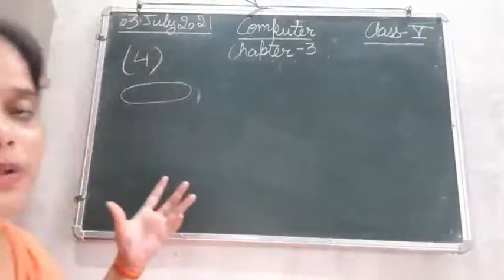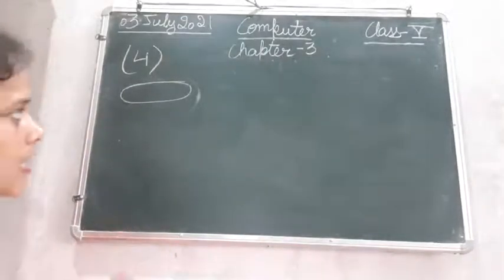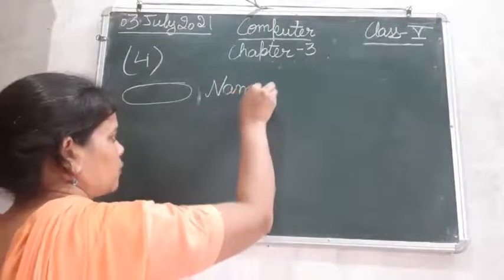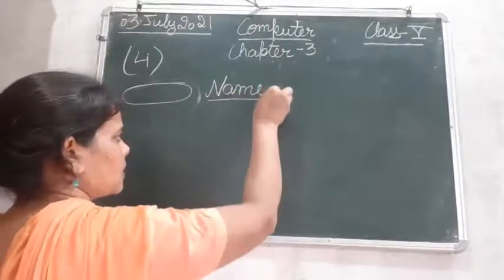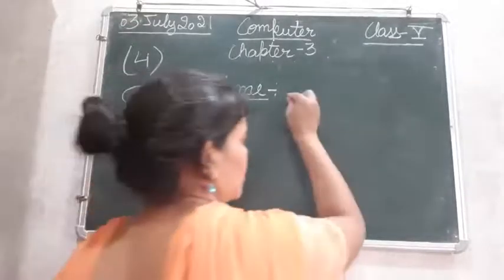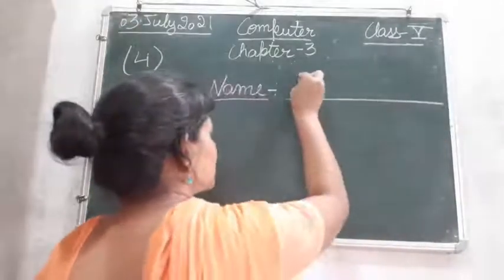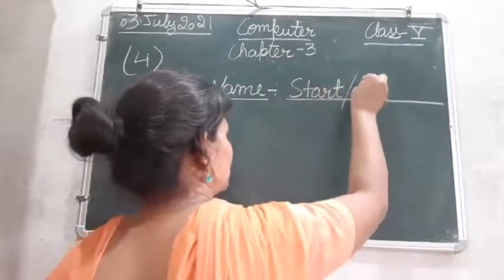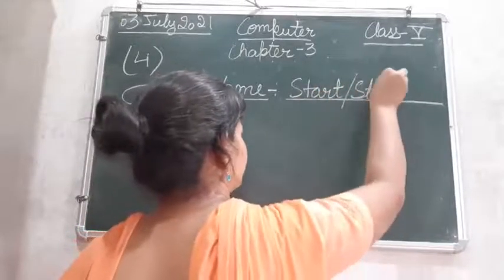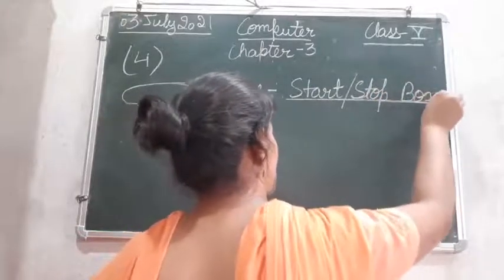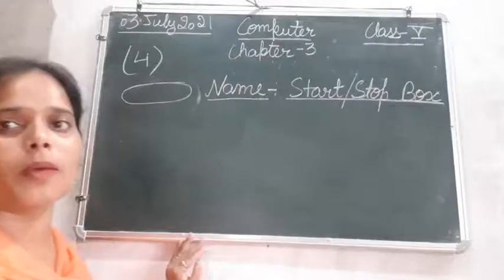So this oval shape, इस oval shape box में हम बेटा क्या लिखते हैं? What is the name of this box? This is the start and stop box. Oval shape box is the start and stop box.